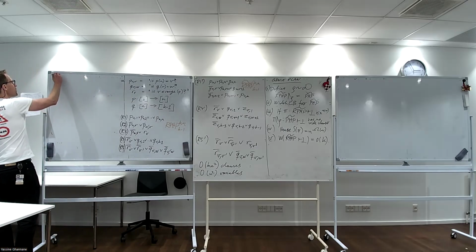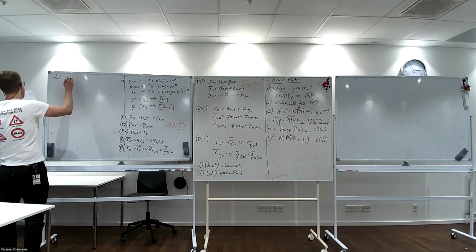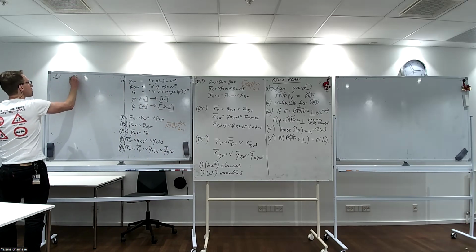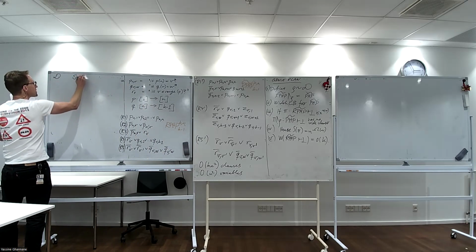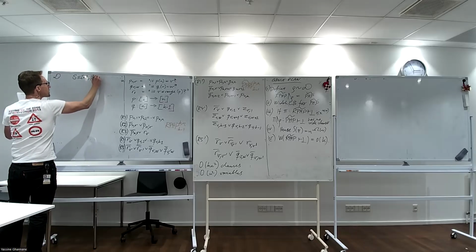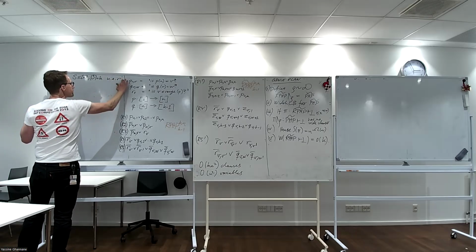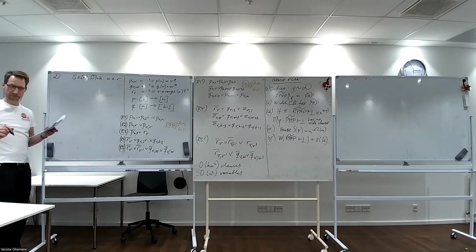So my random restriction is going to be a distribution D. It's formed in the following way. I'm going to pick a set S in N of size K uniformly at random. This is how I start.